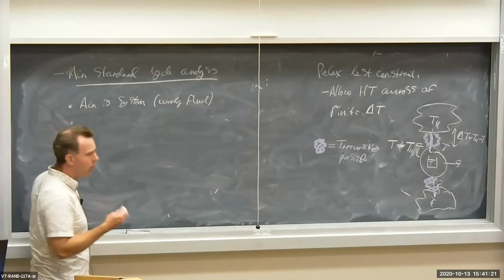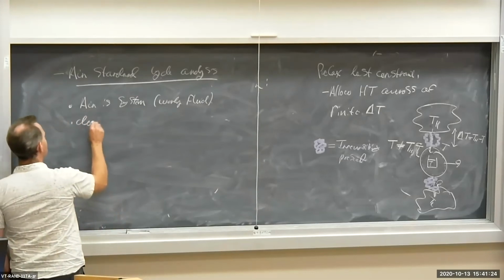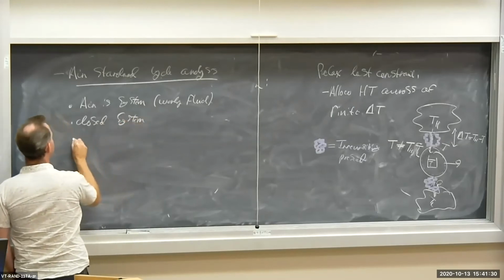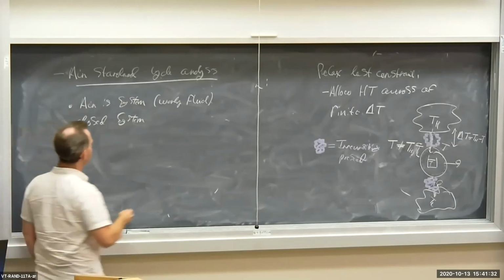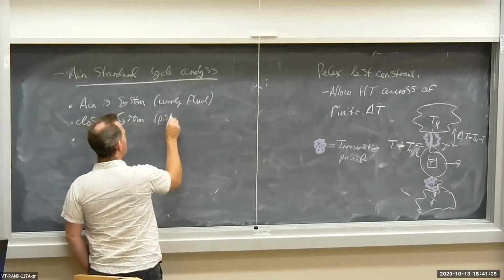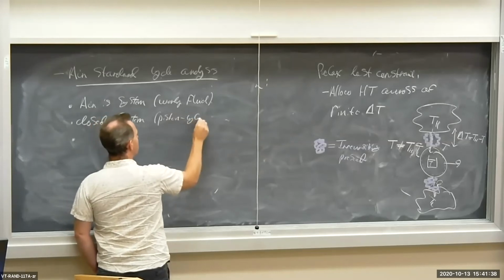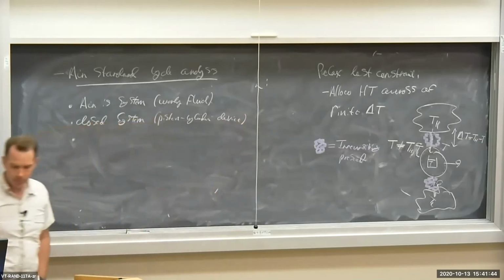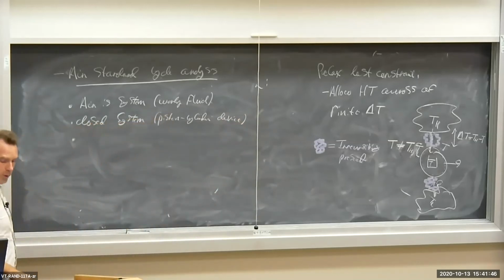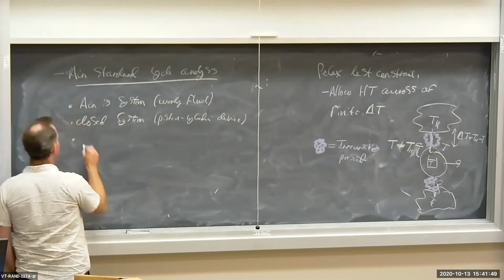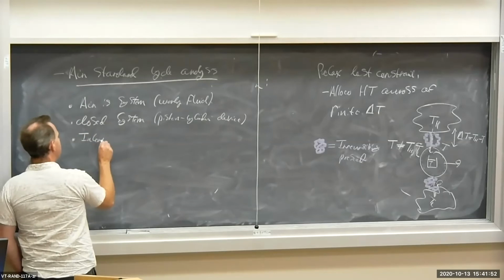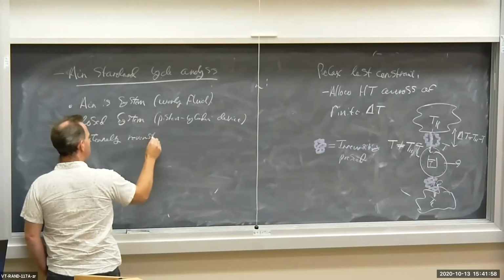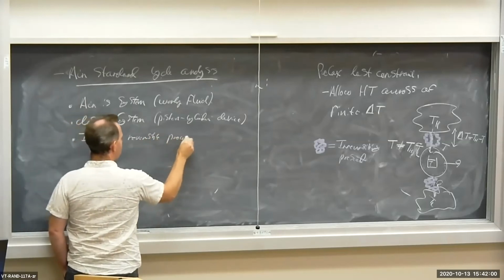We're going to start off with a closed system. We'll relax this and go to open system cycle analysis in a minute. Closed system, so we're going to start off with a piston cylinder device, okay? We are going to have internally reversible processes.